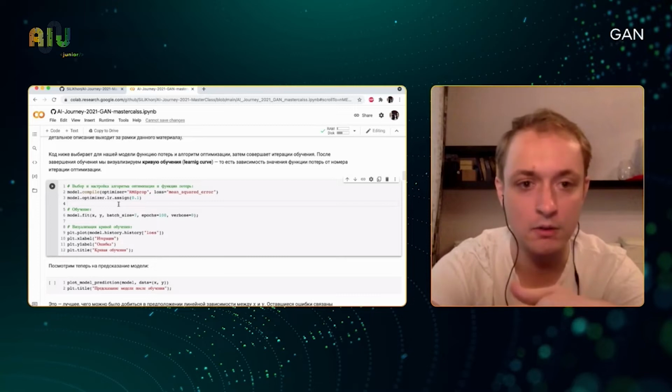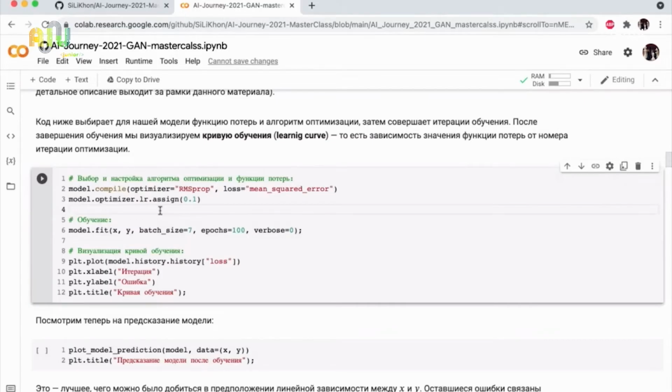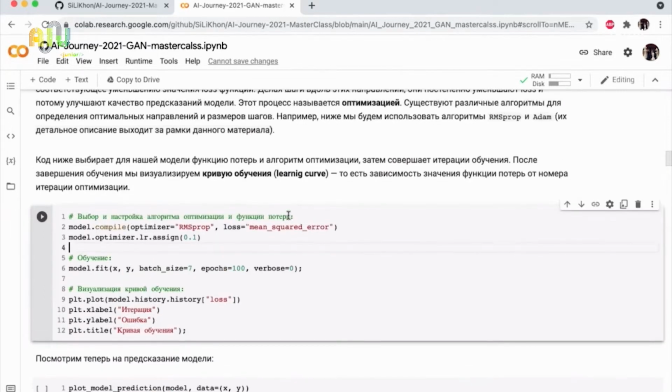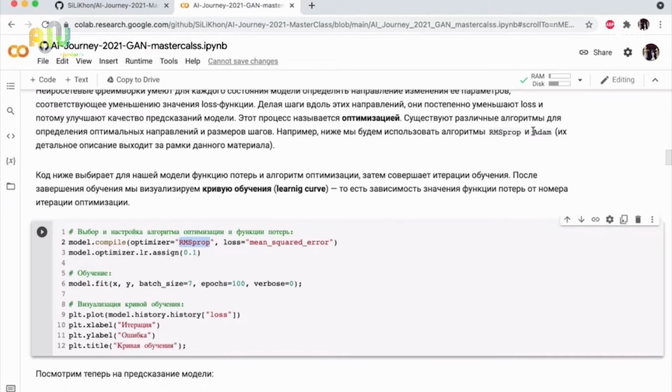As I said, frameworks know how to choose the direction where to go. But there are additional features on how to go, and there are additional optimization algorithms that do it differently. During the masterclass, we're going to use two algorithms. One of them is called RMSprop, and a little bit further on, we're going to have another algorithm, Adam.